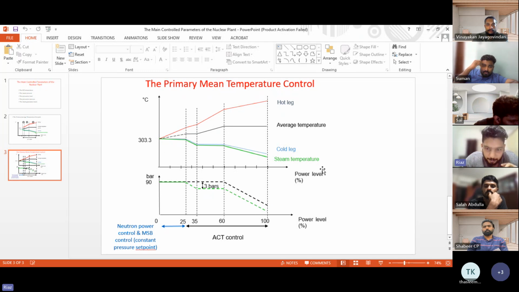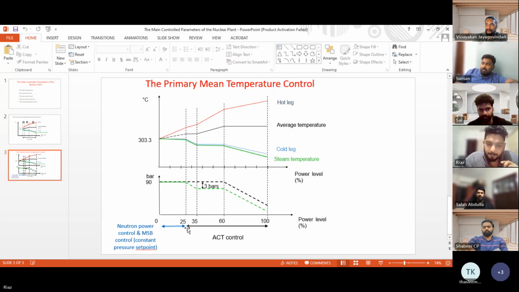I am explaining now with power level and temperature. In that, the x-axis is the same, both are power level.